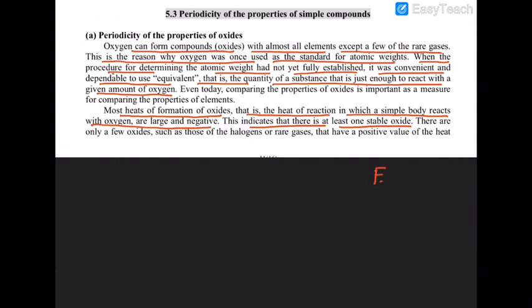Fluorine is the only element which does not form an oxide. This is oxygen. What is this compound? This compound is fluoride. These are fluorides. These are not oxides. So fluorine is the only element with which oxygen does not form an oxide.